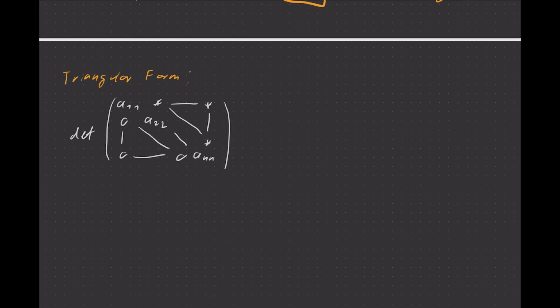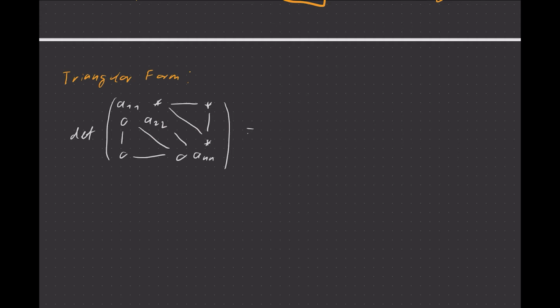Now if we have a situation like this, then the rule is very simple. If we apply that formula for the determinant, what we get is A11 times the 1,1 cofactor, that's this one here, plus lots of zeros. And we can apply the same rule to the 1,1 cofactor again, and we get this element times this cofactor, and so on.